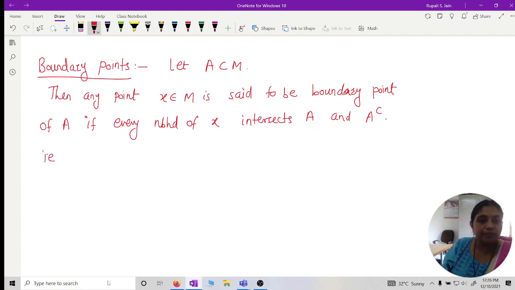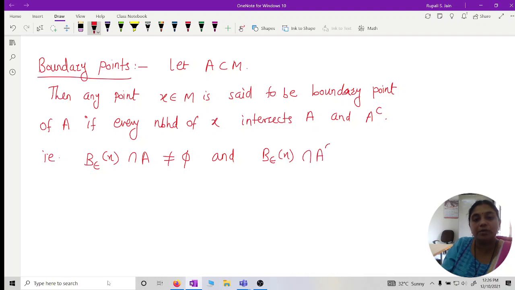That is, what is a neighborhood of X? It is just B epsilon of X. B epsilon of X intersection A is non-empty, and B epsilon of X intersection A complement must also be non-empty. This is for every epsilon greater than 0.